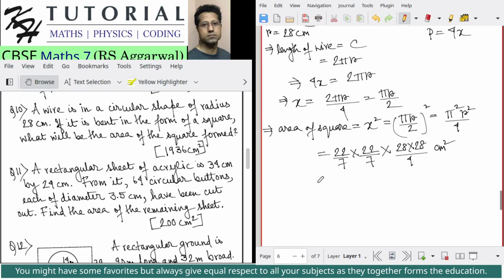Okay, let's simplify. 4 divides 28 with 7, 7 cancel out, 7 divides 28 with 4. So this is 88 multiplied by 22 centimeter square, which is equal to 1936 centimeter square.